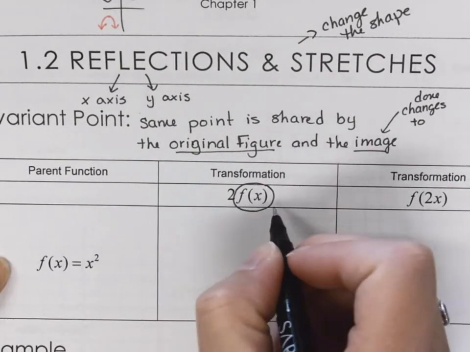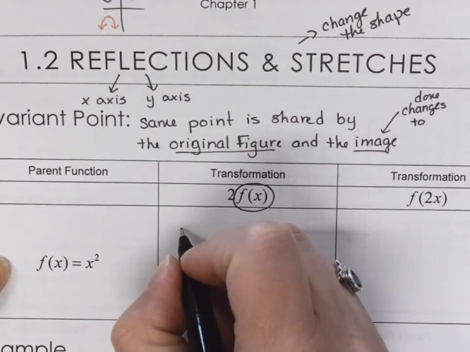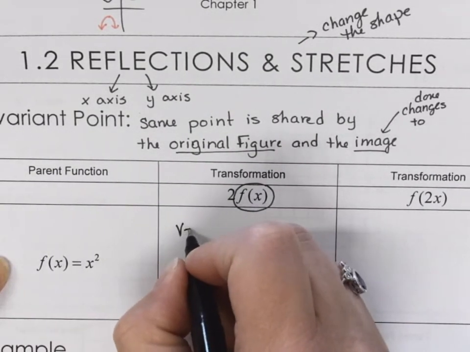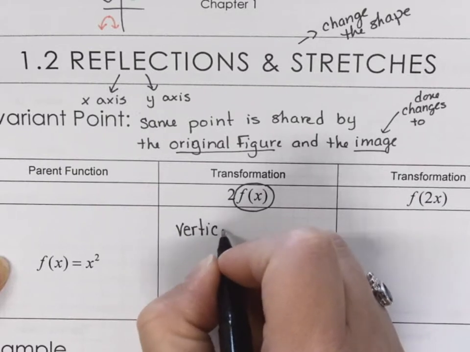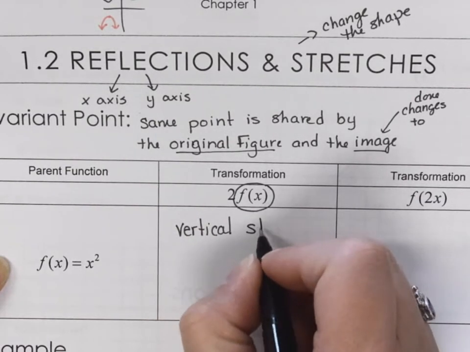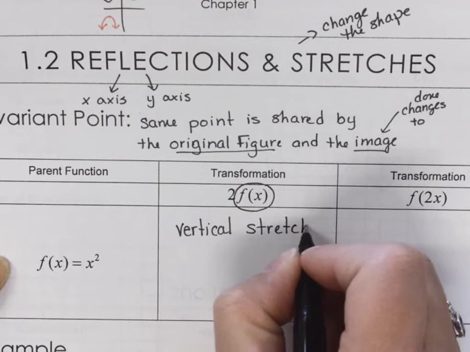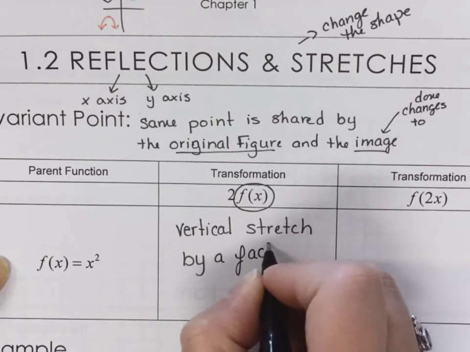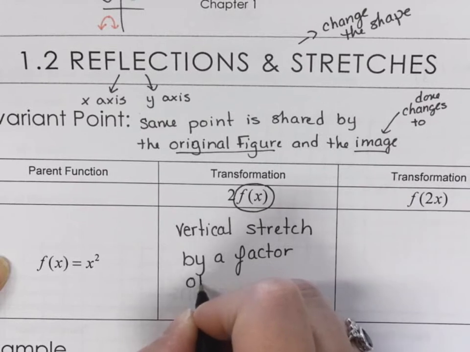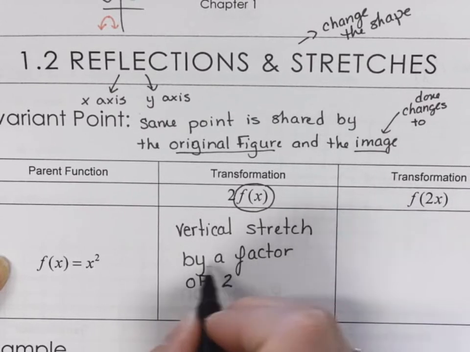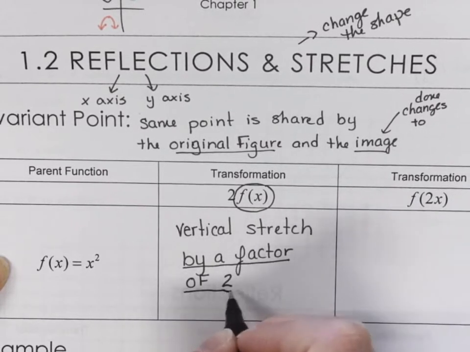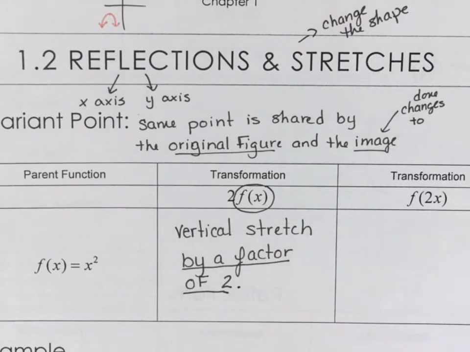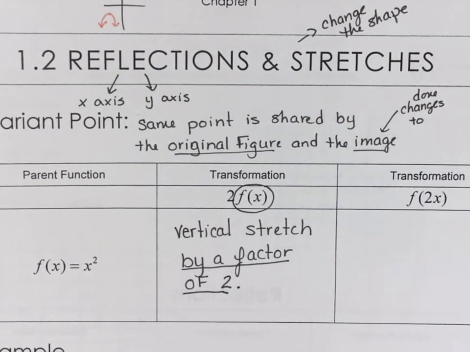So if it's 2f of x, that means it is a vertical stretch, okay, so I'm going to underline that, by a factor of 2. That's the language we use to say what we multiplied those y values by. So by a factor of 2.